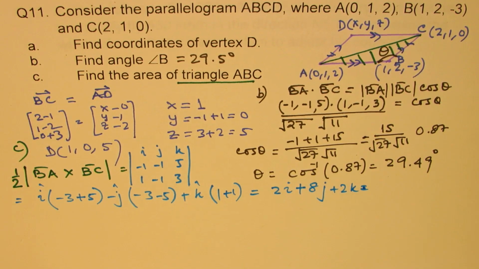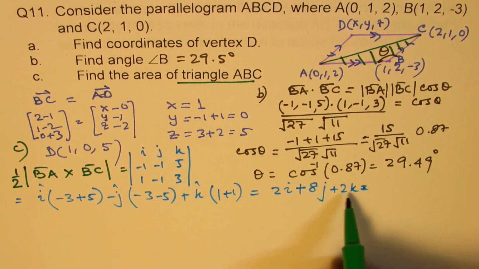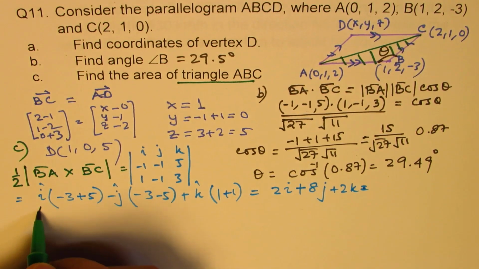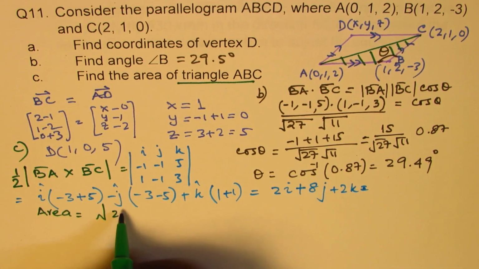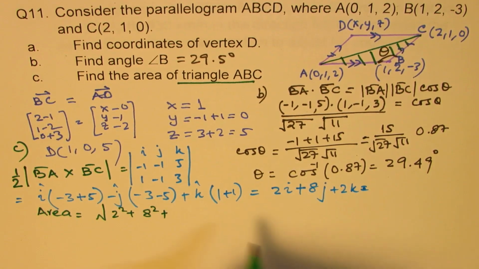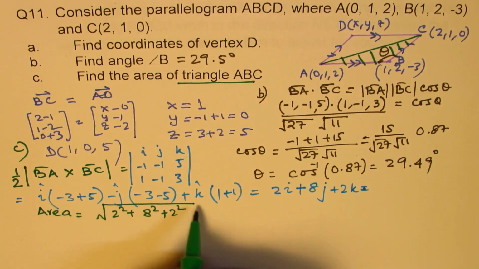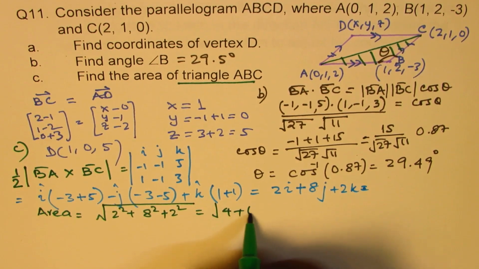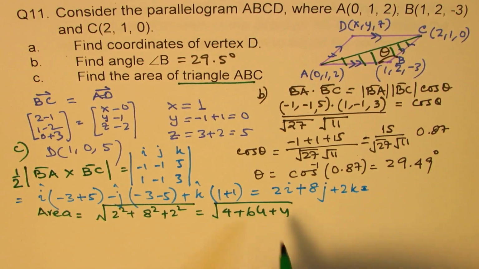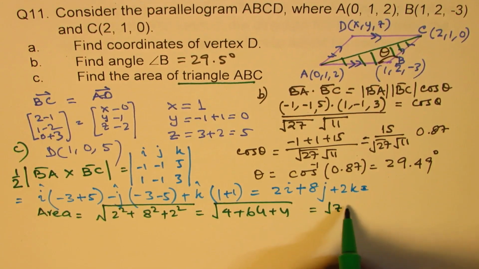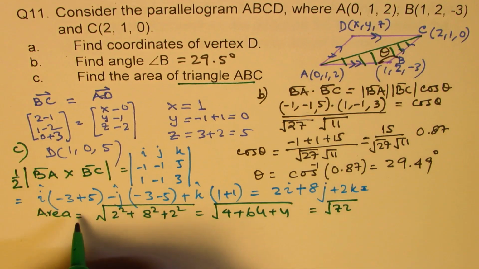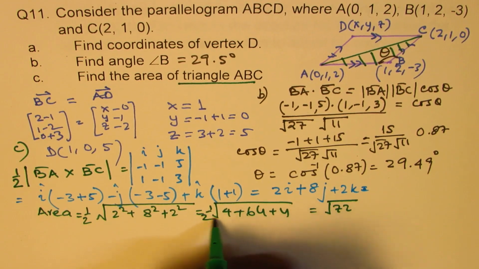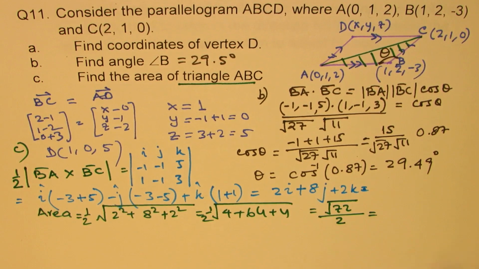The magnitude of this, the area, will be the square root of 2 squared plus 8 squared plus 2 squared, which is square root of 4 plus 64 plus 4, that is 72. So we get square root of 72, and since we are interested in the area of a triangle, we'll take half of this, divided by 2. Is that clear?